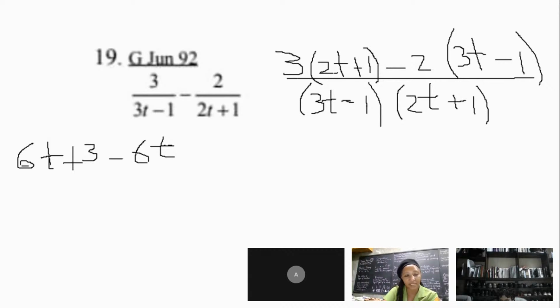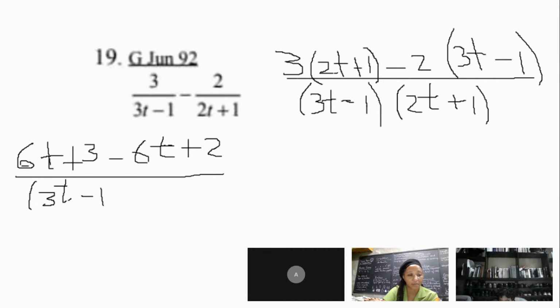What do I do after that? This is the negative 2 times the negative 1, miss, and that would give a positive 2. Okay, all right. So I will put this back over the LCM.